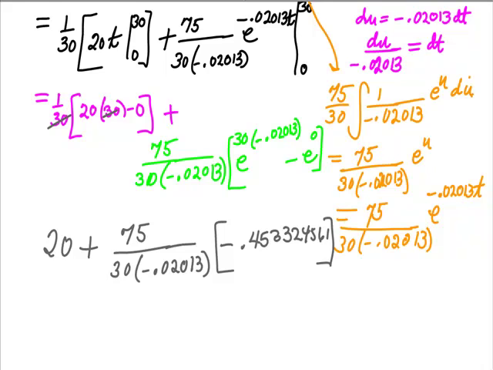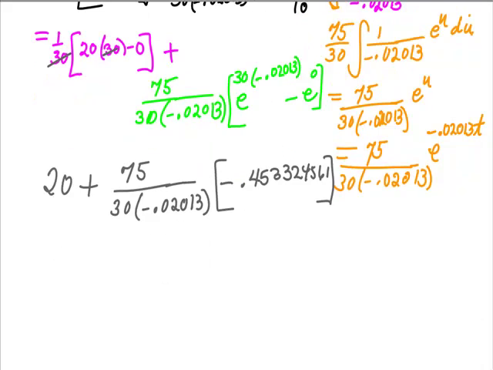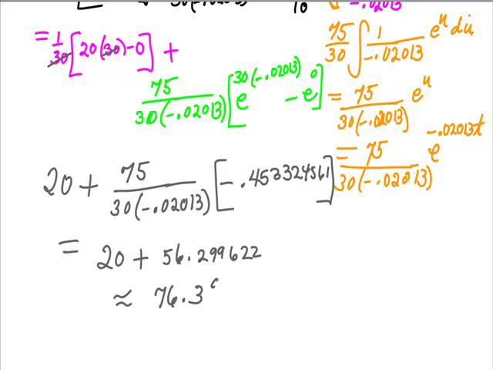Now, when I work that whole thing, I get 20 plus 56.299622. So basically, it is 76.3 degrees. So the average temperature is 76.3 degrees.